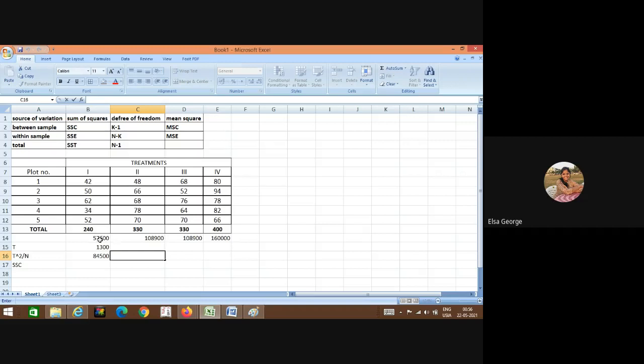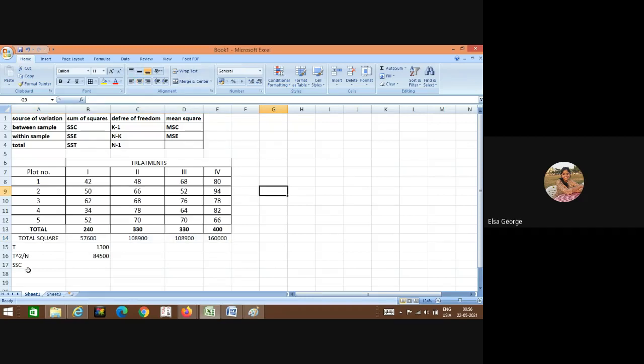Okay, so this is our sigma x1 square, x2 square, x3 square, and x4 square.